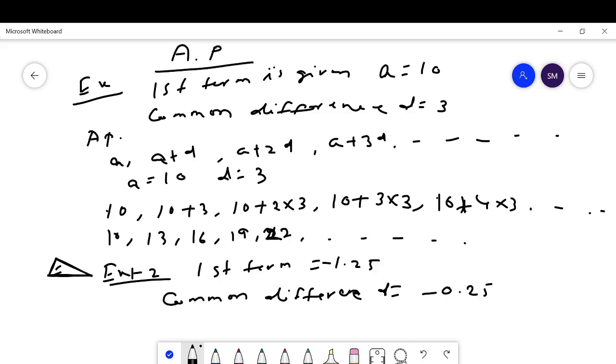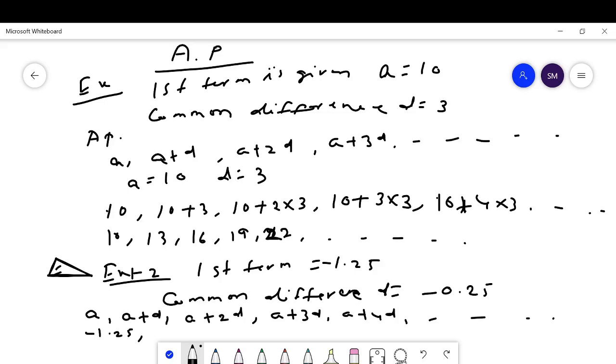Then we have to write the AP. We know that in an AP the first term is A, second A plus D, third A plus 2D, then A plus 3D, A plus 4D. Here the first term is given as minus 1.25.